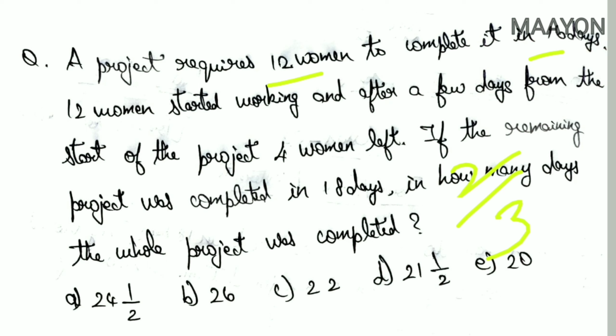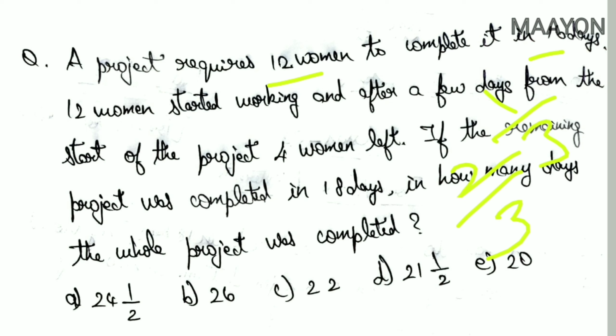So 8 women should have completed slightly more than 2/3 work. So the amount of work completed by the 12 women in the beginning would be slightly lesser than 1/3 of the work, that is remaining work. So calculating it, when the 12 women are taking 16 days to complete the whole work, then it would take 5.33 days to complete 1 by 3 of the work.